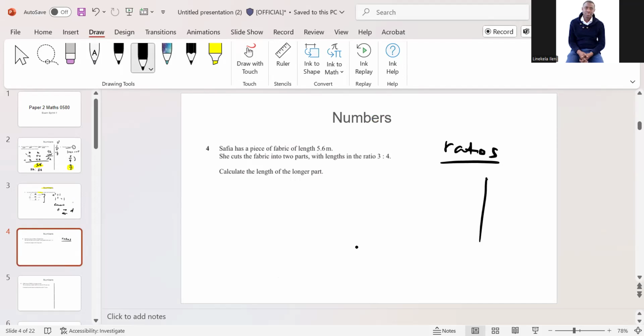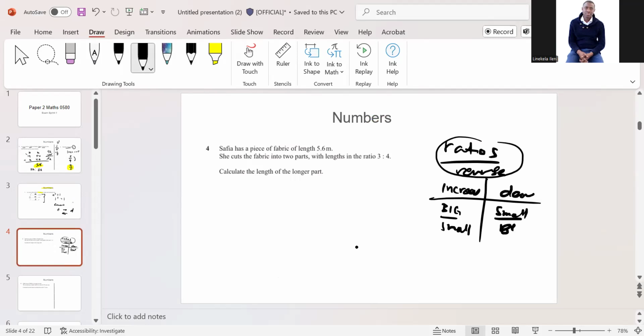Also, there are times in which they can ask you about reverse ratios, if you guys can still recall, but reverse ratios are typically also for paper 4, where when you are reversing a ratio, if it's an increase ratio or a decrease ratio, then you must know, for you to increase a ratio, you need to have big over small, and the other one must be small over big. I hope I did not twist the two.